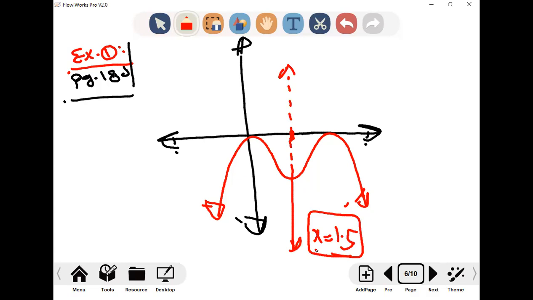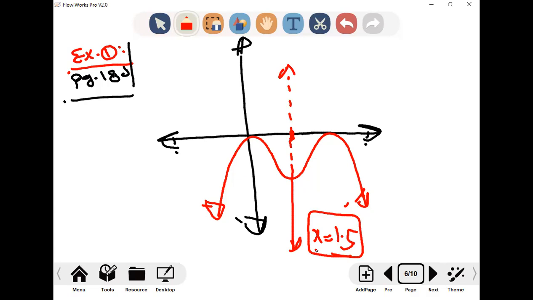We said that any line, any curve on the coordinate plane has an equation. What's the equation of this line? x equals 1.5, not just 1.5. It makes a difference.